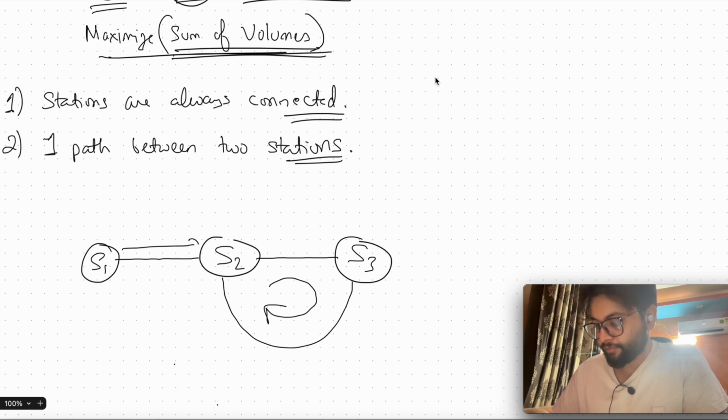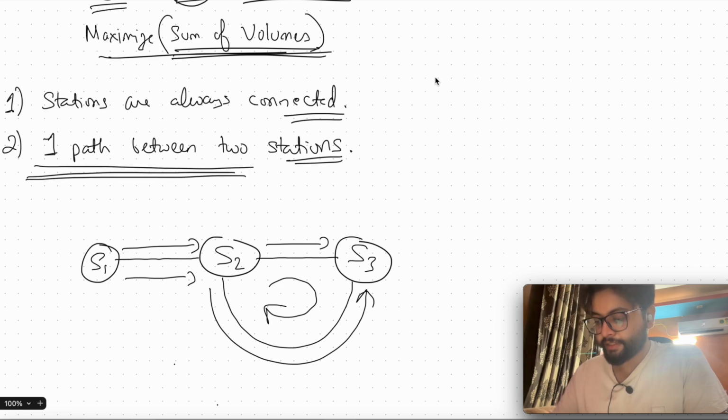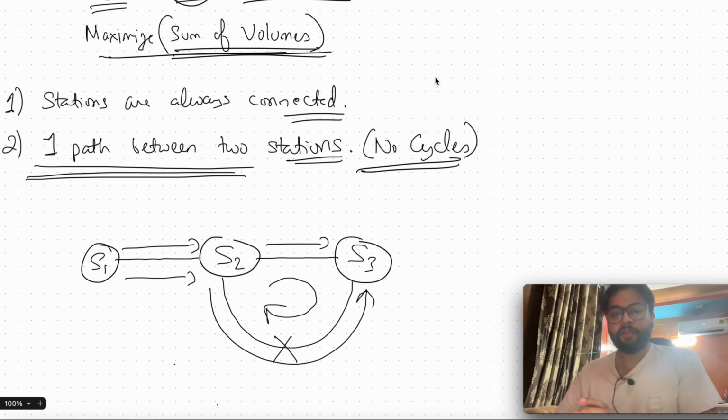The first is following this one and then following this one, and this cannot happen because it has already been given that there is only one path between two stations, meaning that there cannot be any cycles. So I'm going to write it here: no cycles. So if we look at this problem, it says that the graph is connected and there is only one path between two stations, meaning there are no cycles.